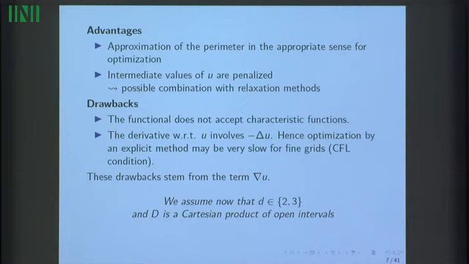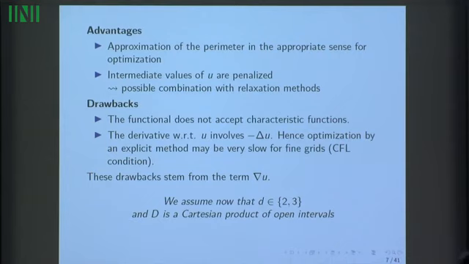And another drawback is also because of this gradient U square. If you want to optimize, once you have epsilon fixed, you want to find a minimizer, an approximate minimizer. So usually we apply descent method. The Fréchet derivative of this gradient U square will lead you to a Laplacian of U, and this is not very good in practice.